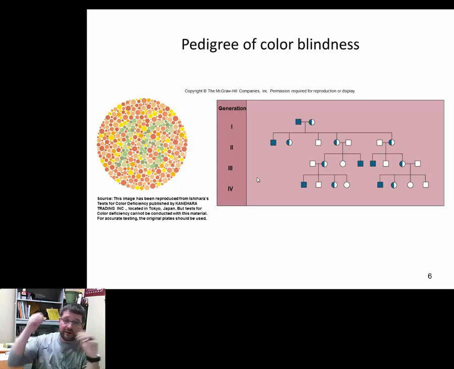Okay? But nonetheless, it still is sex-linked, because it occurs on the sex chromosome, and we can pick that up from doing a simple pedigree. Females are carrying it, but females do not have it. Only the males have it, and from here you can see that it's a recessive trait, because there's no dominance going on.